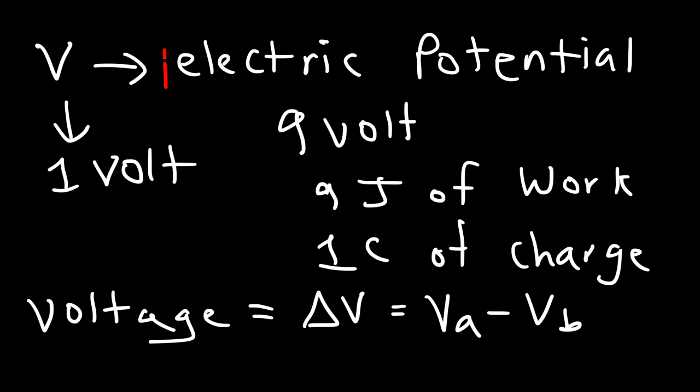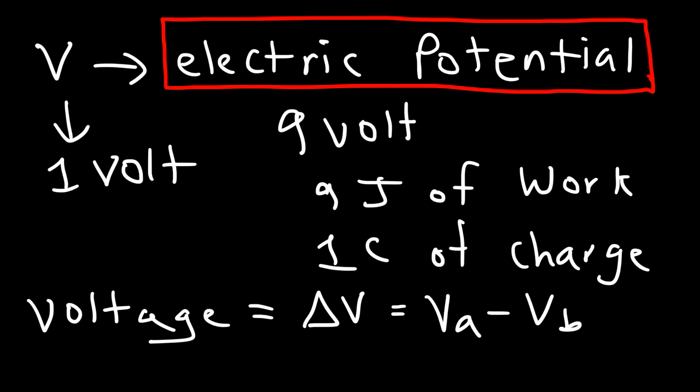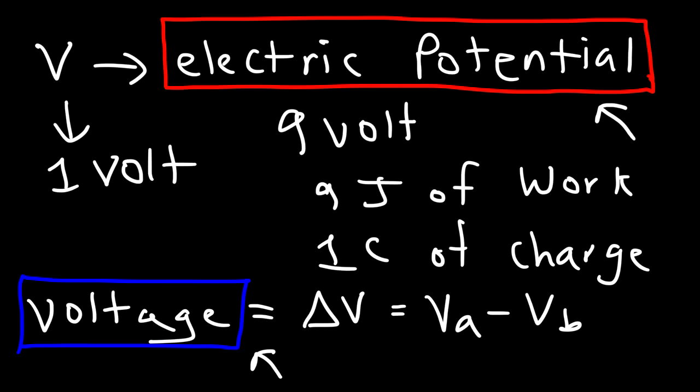So electric potential is simply an arbitrary number. It's simply V. But delta V, that is a voltage, which is more commonly used in everyday applications. So make sure you understand the difference between electric potential and voltage, and also electric potential energy, which is PE.